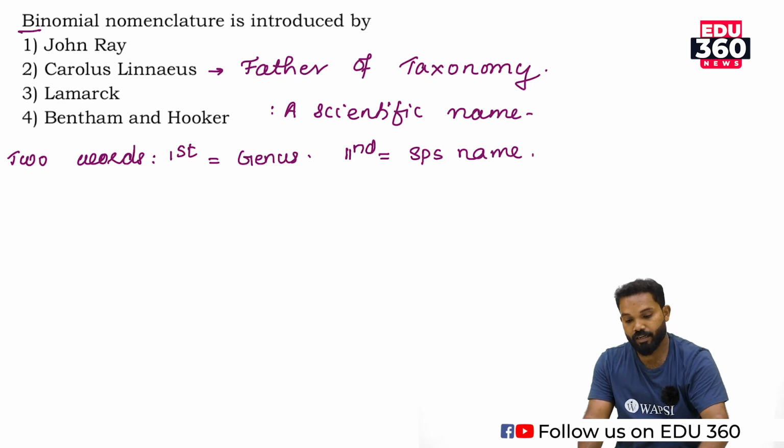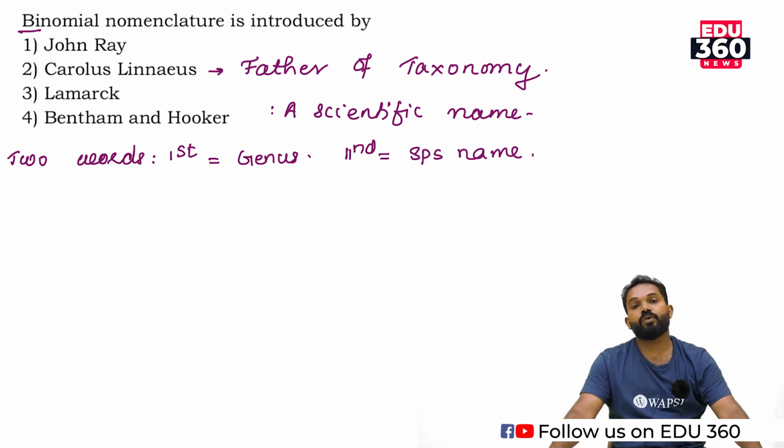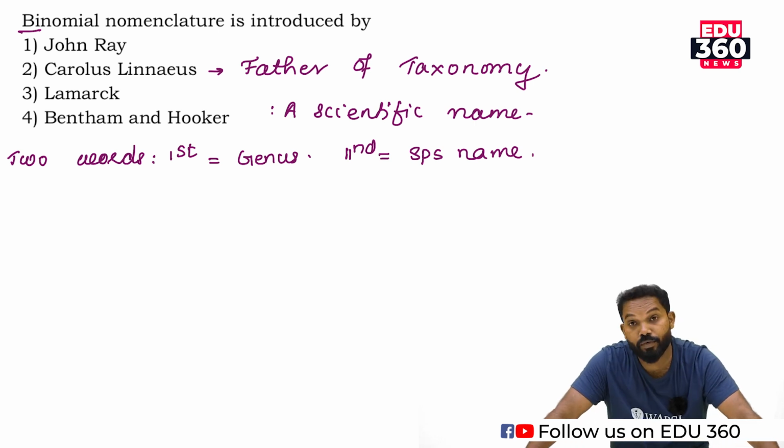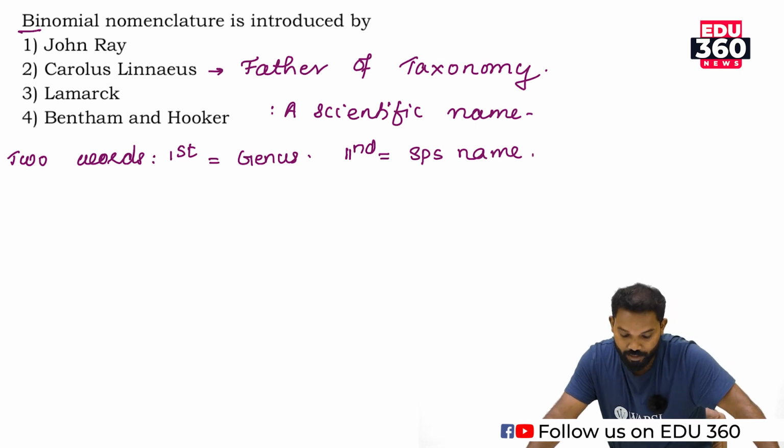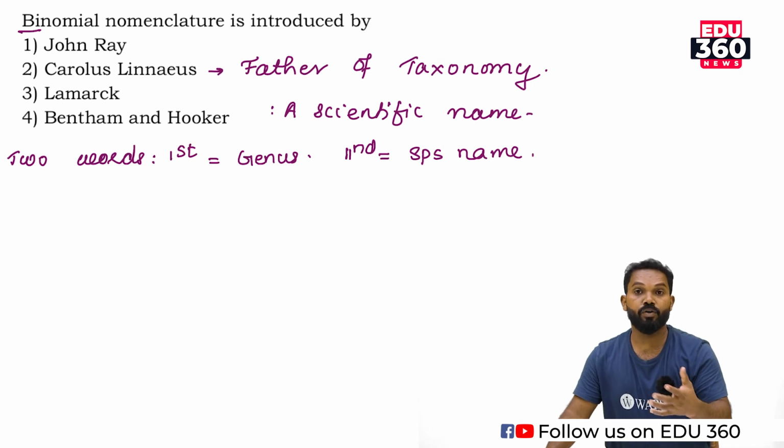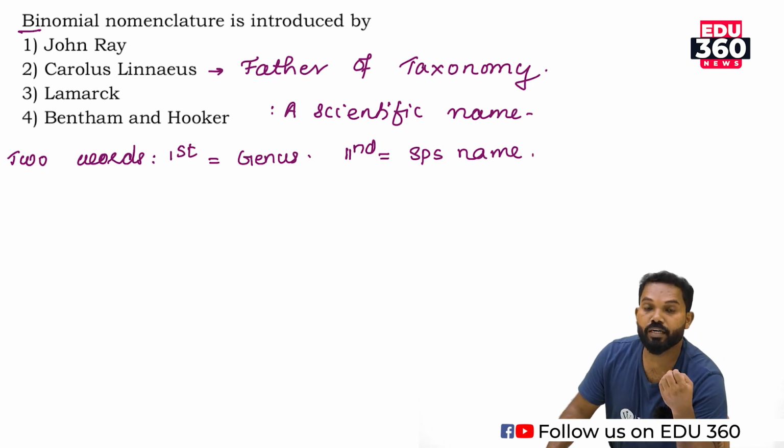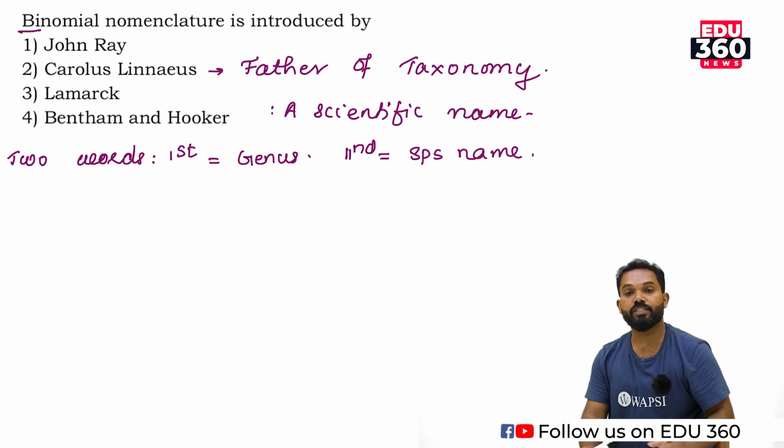There are some rules and regulations for giving a binomial name. The first rule is that the binomial name contains two words: the first word is the genus and the second word is the species name.